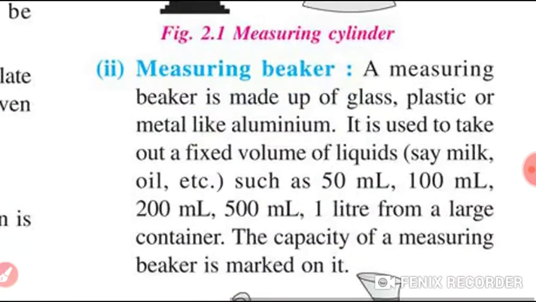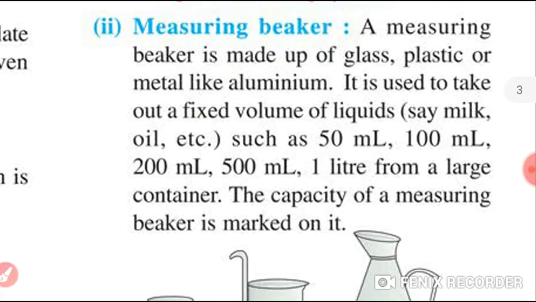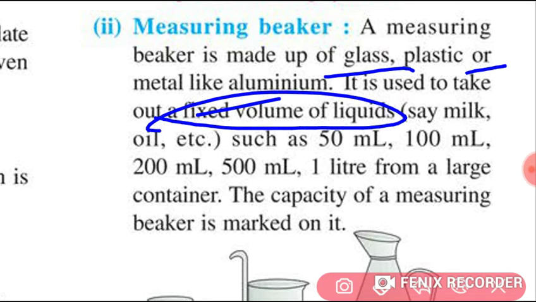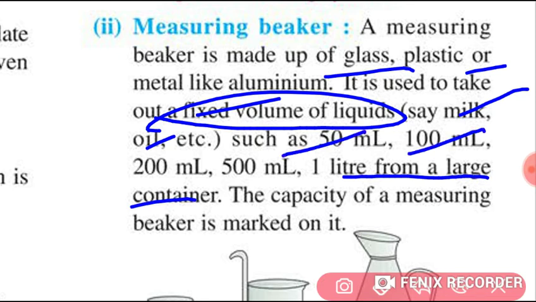Now we will talk about the measuring beaker. What is the measuring beaker made up of again, students? Glass, plastic, or metals like aluminium. It is used to take out a fixed volume of liquid like milk, oil, from a large container: 50 ml, 100 ml, 200 ml, 500 ml, or 1 liter, anything.